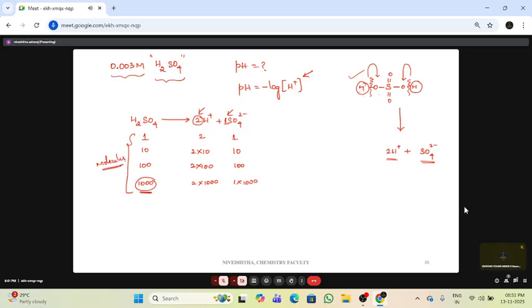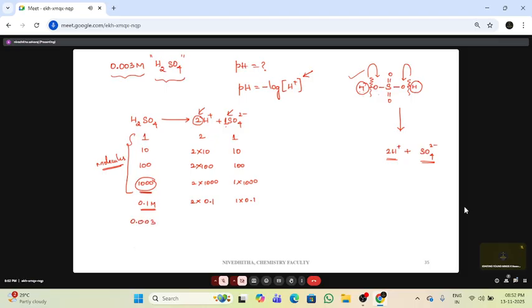Now we'll talk about concentration. It is similar to molecules, no problem there. If I have 0.1 molar sulfuric acid, then how many H plus ions will we get? 2 into this number, 0.1. Right? How many SO4 2 minus ions will we get? 1 into 0.1. Right, Mushkan? Yes, ma'am.